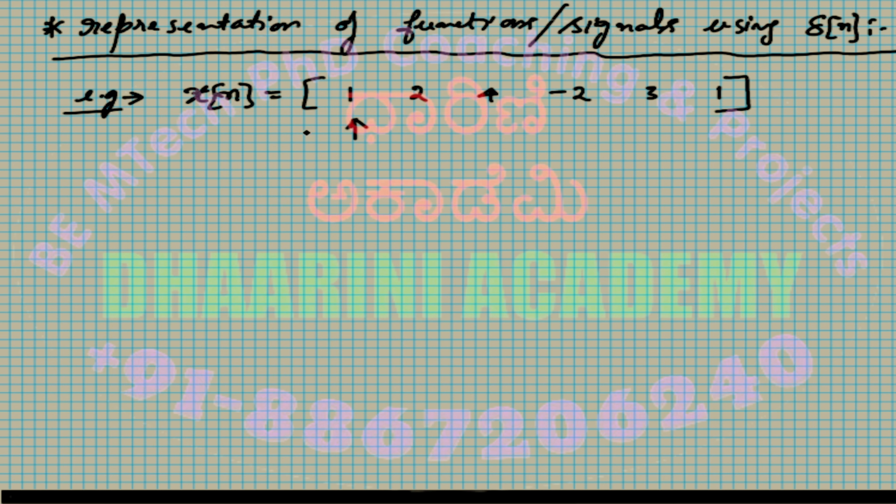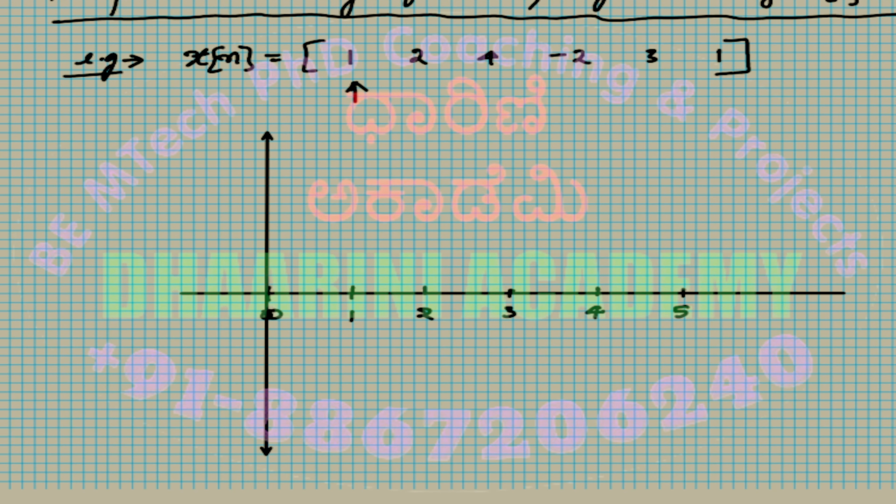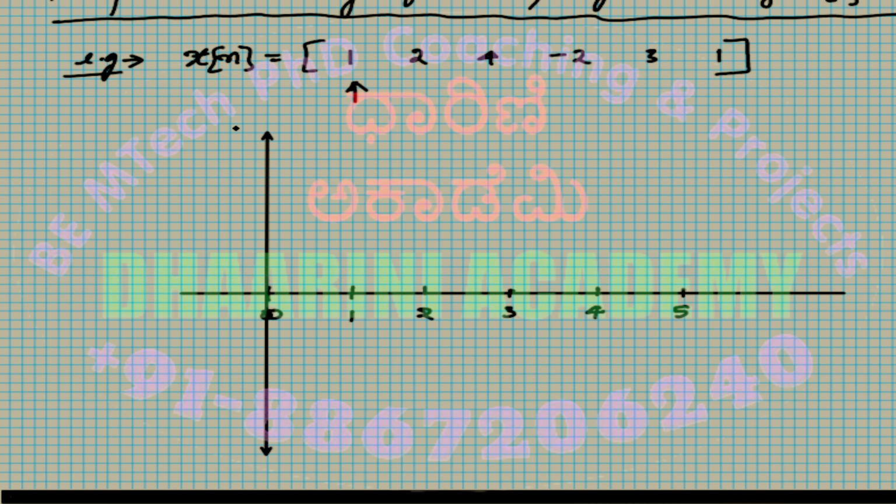So just to make things easier for you, let me try to plot this for you. This would be x of n.